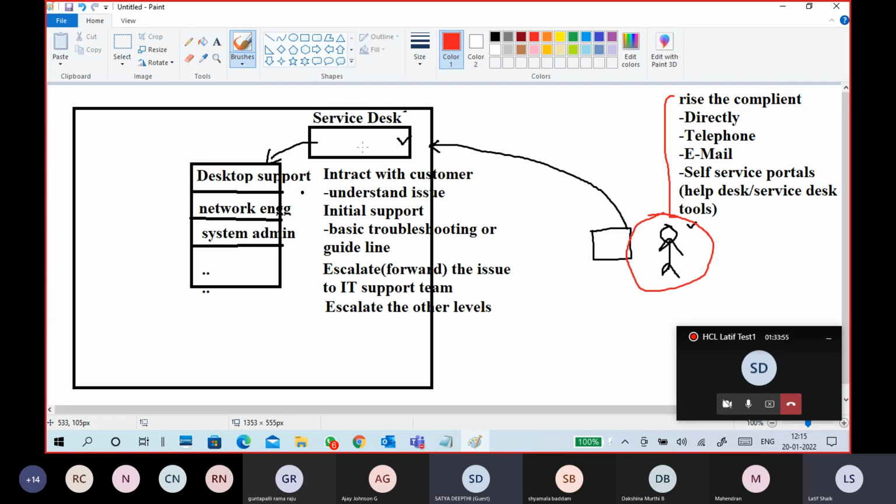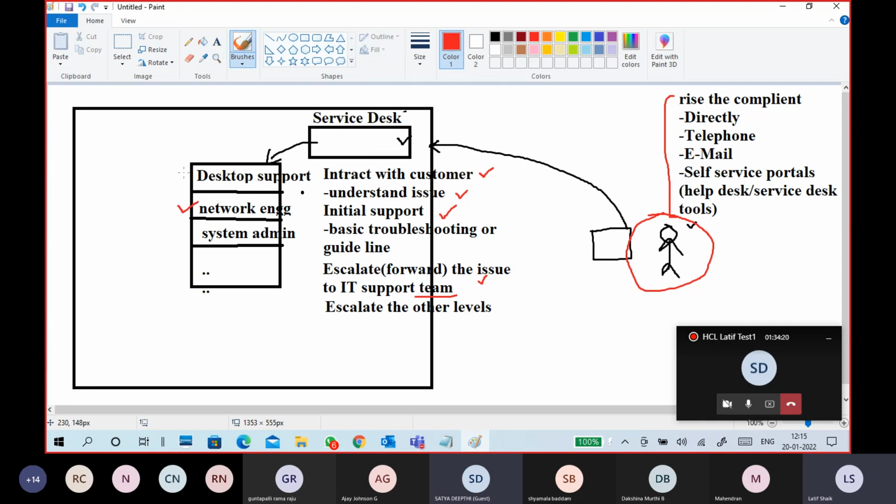Once you reach, the service desk people interact with the customers, understand the issues and give the initial support. If the problem is not solved, then escalate or forward the issue to the team that will handle the situation.